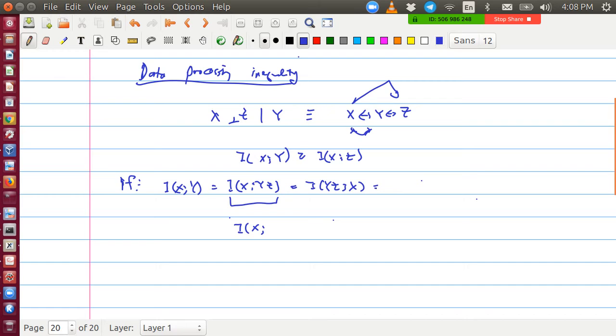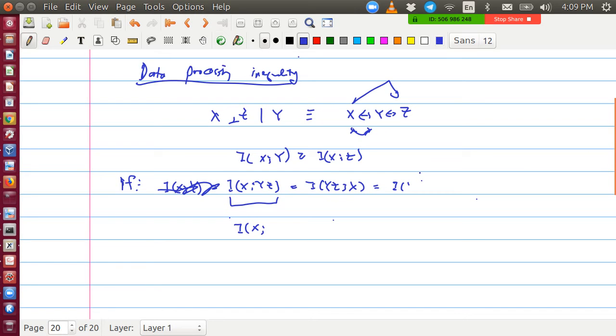Then I can use the chain rule. Let me consider this first: this is equal to I(Y,Z;X).